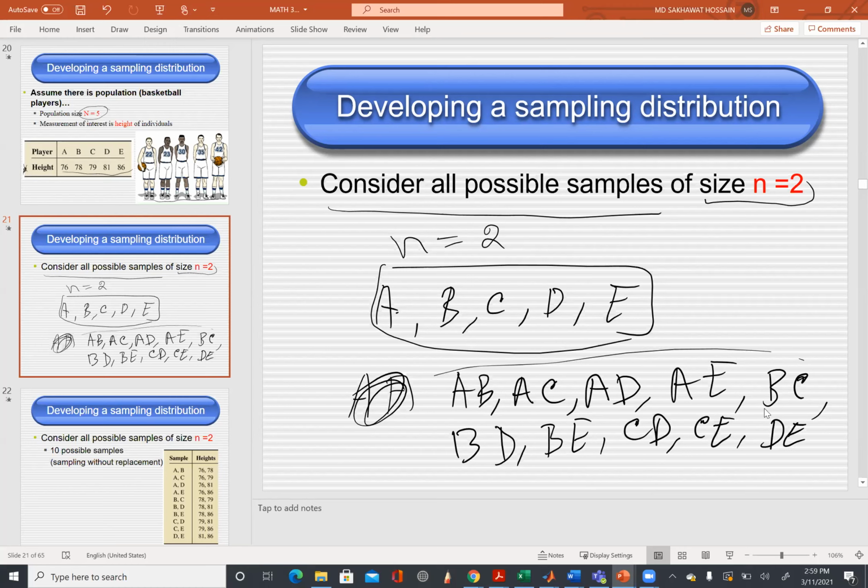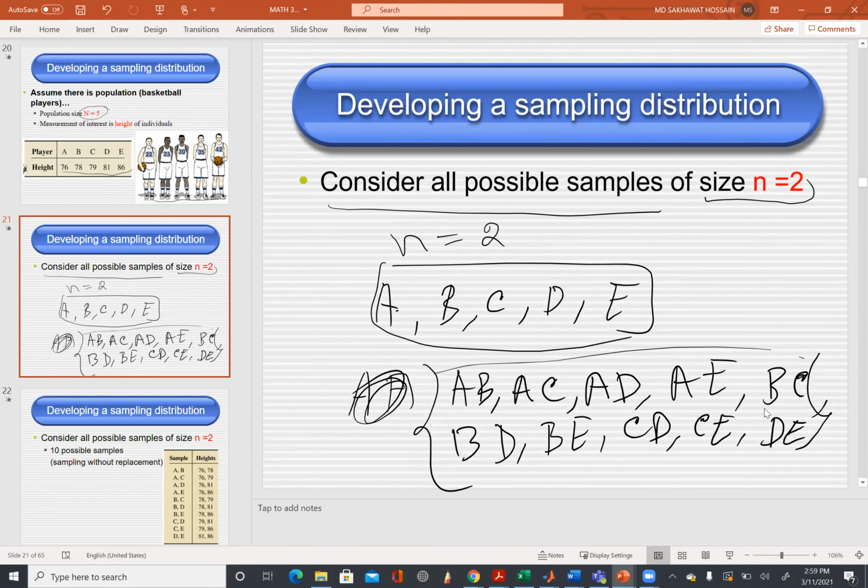How many ways can we select? 2, 4, 5, 7, 10. So we can select 2 players from these 5 players in 10 ways. That means we can have 10 different samples, because our sample size is only 2. So we have 10 samples here, right?